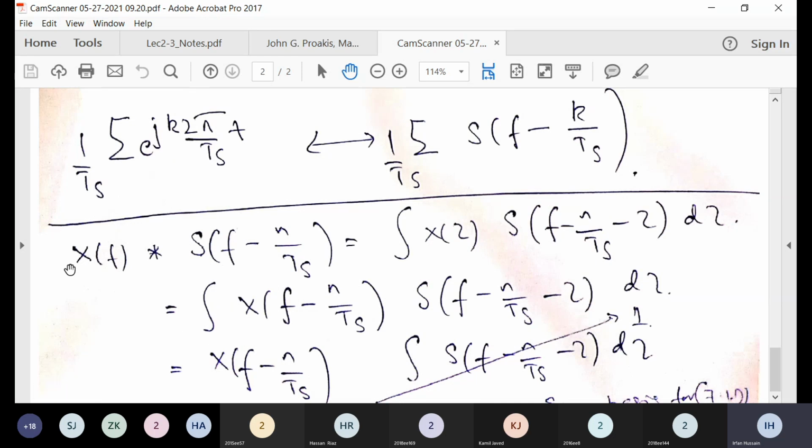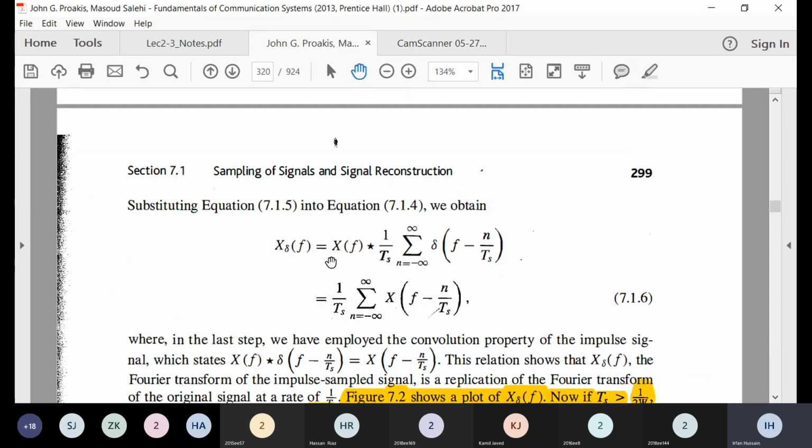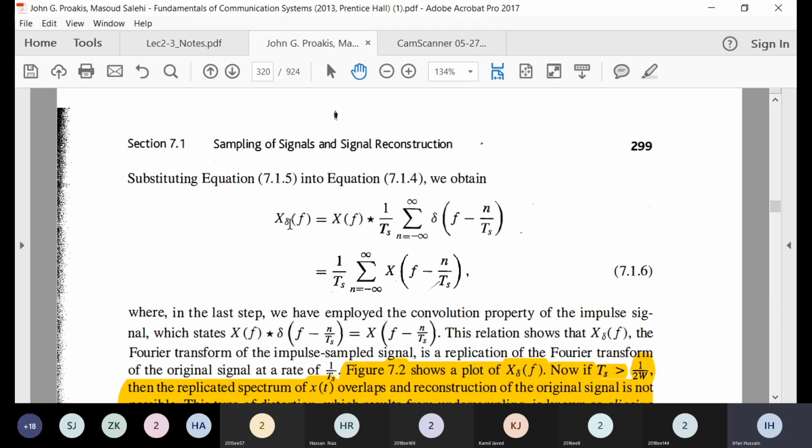So the convolution of X(f) with the impulse results in the same function at the point of the impulse. Very famous rule. That is why the convolution will result in this function at the point of the impulse, f minus n over Ts. So this is your frequency domain representation of your sampled signal.